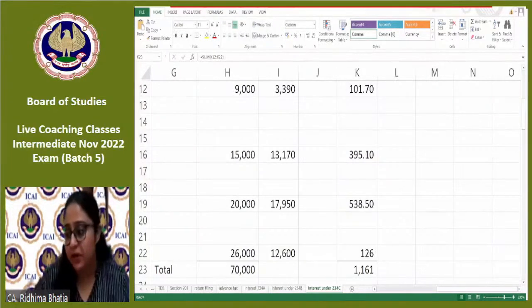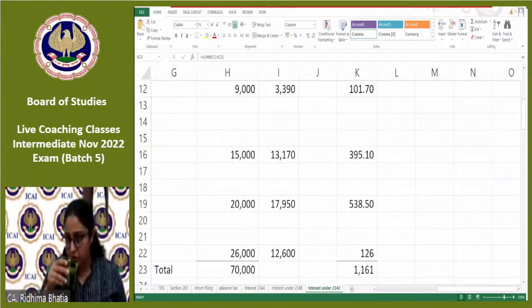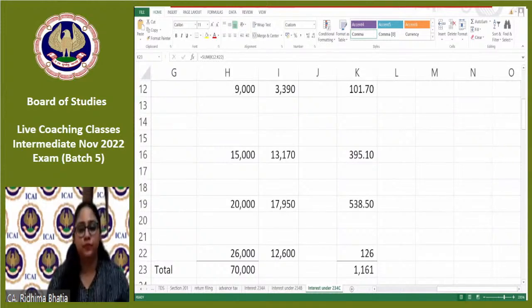इसमें कभी typical case आने वाला. I'm not saying 234C is done, but step by step. Is the shortfall clear?